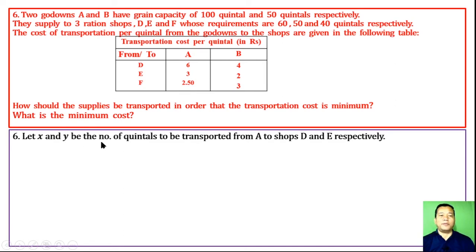Let x and y be the number of quintals to be transported from A to shops D and E respectively.